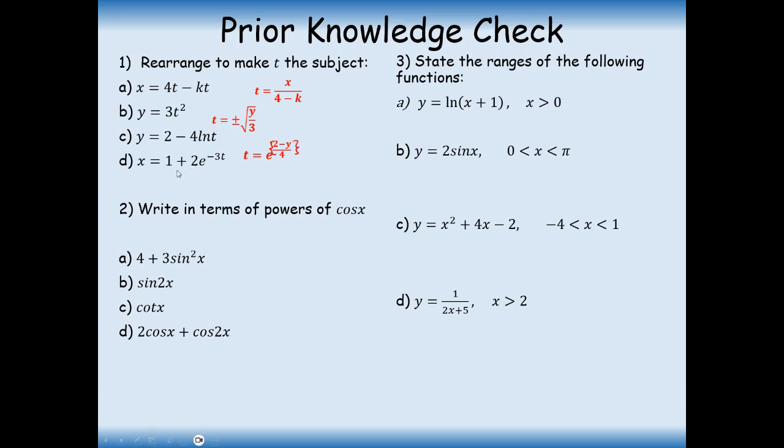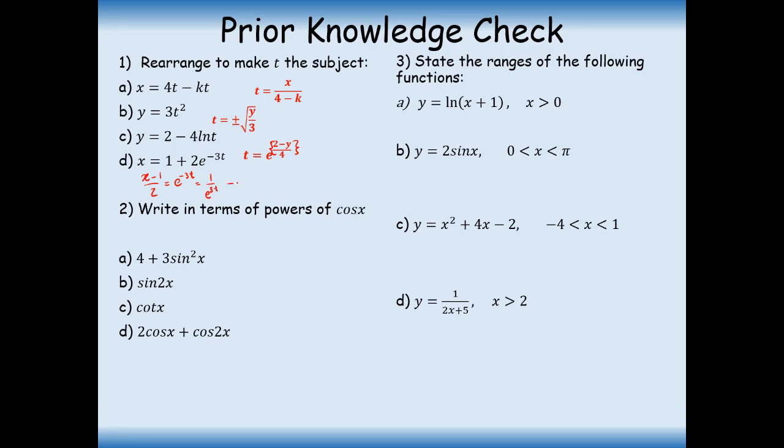Okay, in part D here, first we can subtract 1 from x, then we divide by 2, so (x minus 1) divided by 2 is e to the power of negative 3t, if I write it like so. Then, because of the negative power of e, we can rewrite this as 1 over e to the power of 3t.